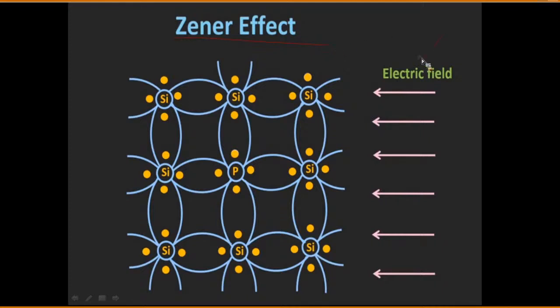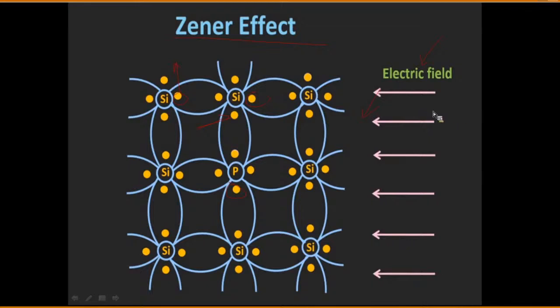Due to the strong electric field in the Zener diode, it will rupture the bonds. Previously, only loosely bound valence electrons came out from the covalent bonds. But in this case, due to the high electric field, some of these bonds are going to be broken and the electrons will come out of the lattice structure. This effect we are calling the Zener effect.